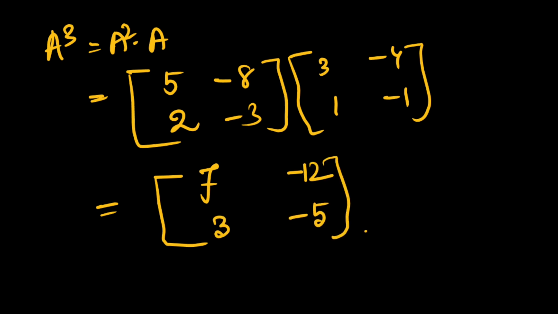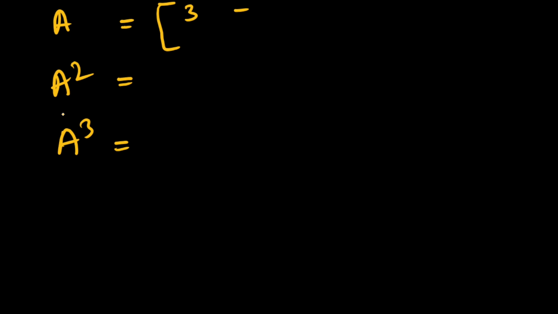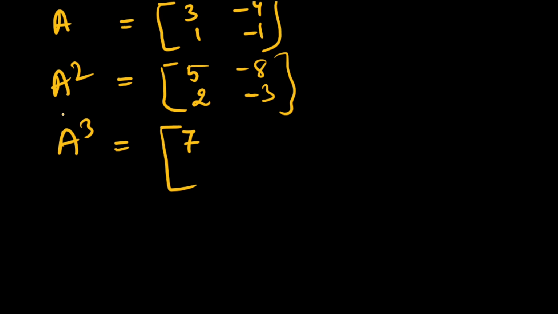If you see the pattern of A's powers, that is A, A square, A cube, you see one beautiful pattern. The first matrix is [3, -4; 1, -1], the second matrix we got is [5, -8; 2, -3], and the third matrix we got is [7, -12; 3, -5].